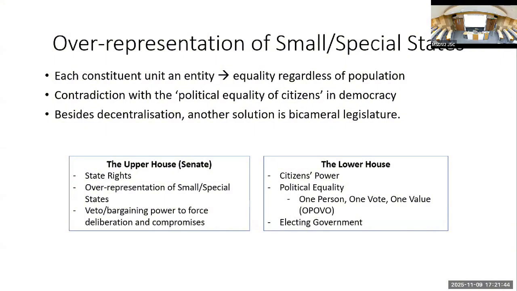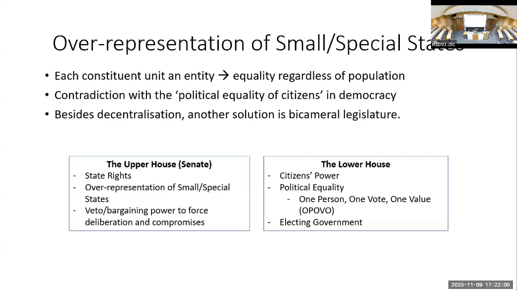While the lower house should be about citizen power. We have to talk about political equality. One person, one vote, one value. This is the house that elects government. If you want to make a comparison between the 2 chambers, not all countries have 2 chambers. Singapore, for example, has only 1 chamber, the lower house. They don't have an upper house.